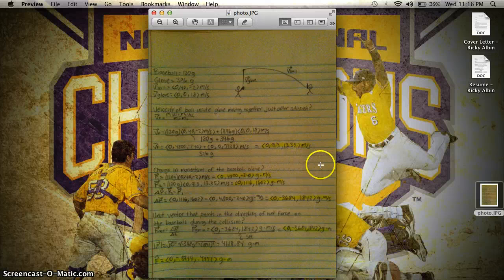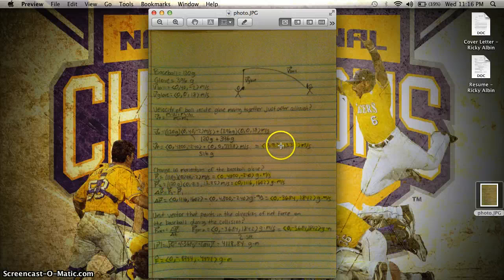So we get the change in momentum of the baseball glove alone. You start with P1 and P2, P1 being this value here, and P2 being 120 times this initial value here.